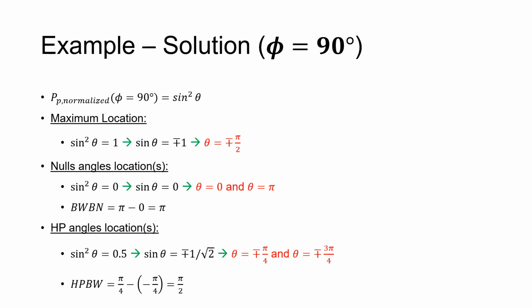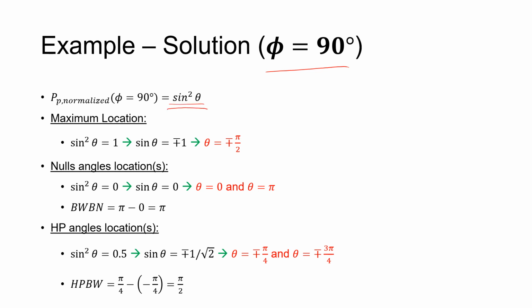Then we will go to the principal planes which we are asked to plot in. We'll start with phi equal to 90 degrees because this is the one which takes more effort. Once we put phi equal to 90, nothing will change because it is only dependent on theta.